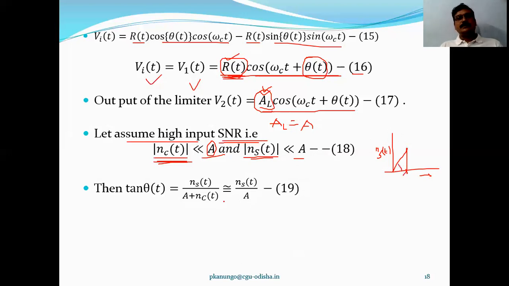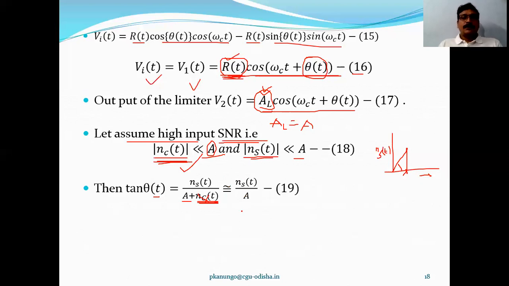That is why tan theta t is equal to NST divided by A plus NCT, which we can write as NST by A, because the magnitude of NCT is much less in comparison to A. If it is much less than the value A, then we can neglect it. With this assumed condition, we can neglect NCT. Therefore it is approximately equal to NST by A.